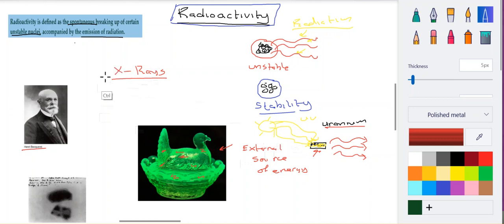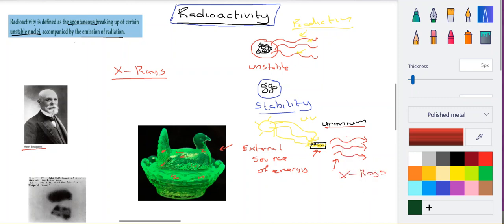So what Henry was interested in doing was, he wanted to see if you took uranium and used different uranium salts, compounds that contain uranium, and charged them up, these salt crystals of uranium, and it gives off this energy, was there X-rays within this radiation?